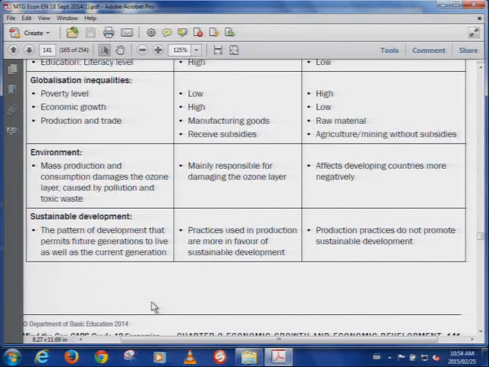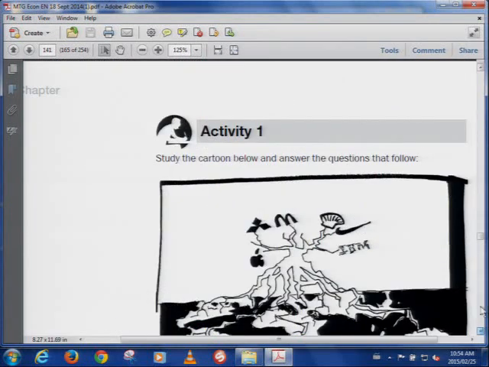And then in the developing countries, production practices do not necessarily promote sustainable development. It is only now that countries in the South are taking steps to promote sustainable development and becoming part of the global organization to promote that.